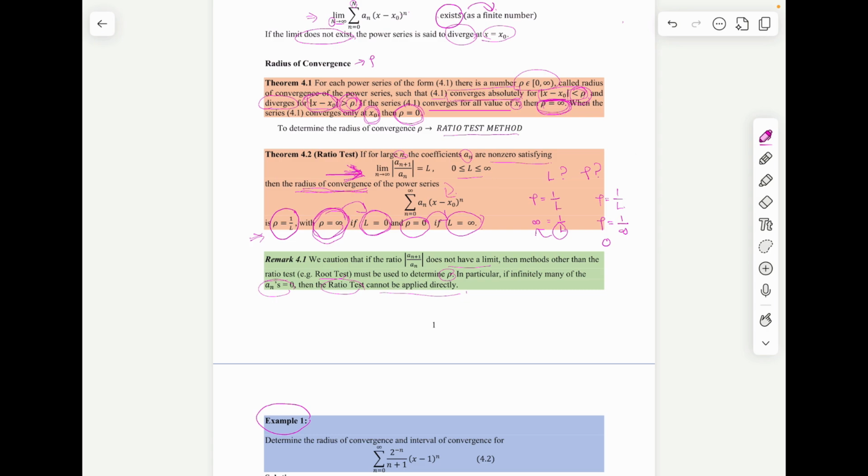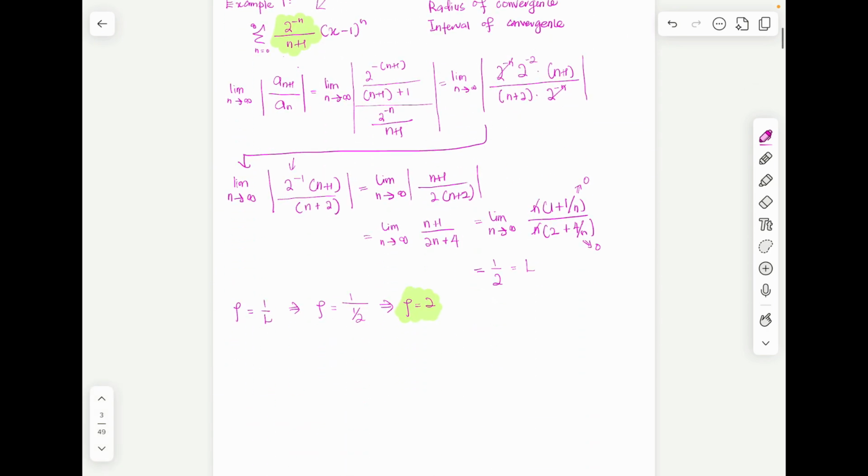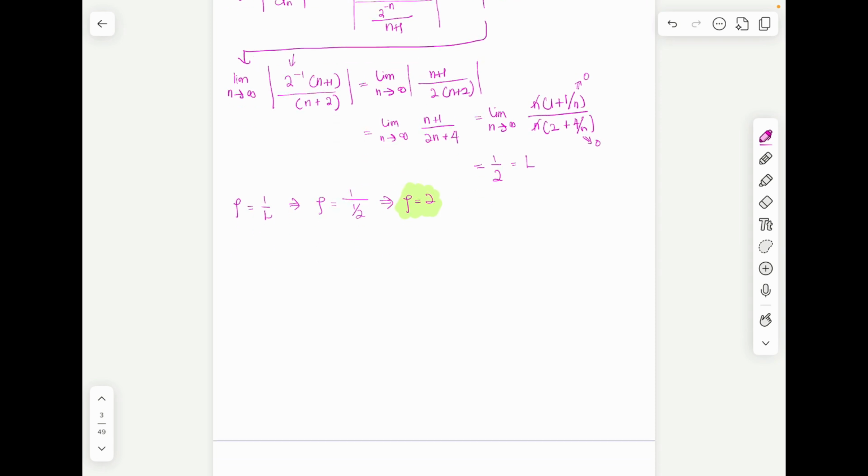So we apply this inequality to check the convergence interval.